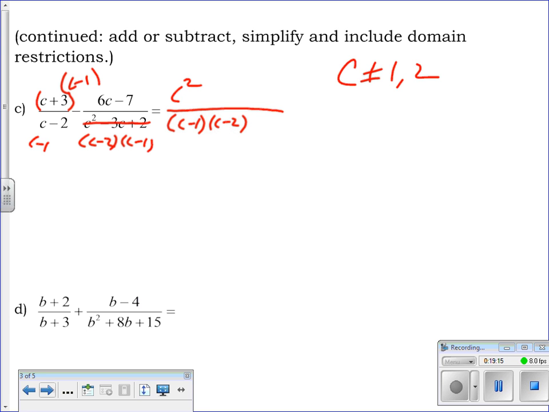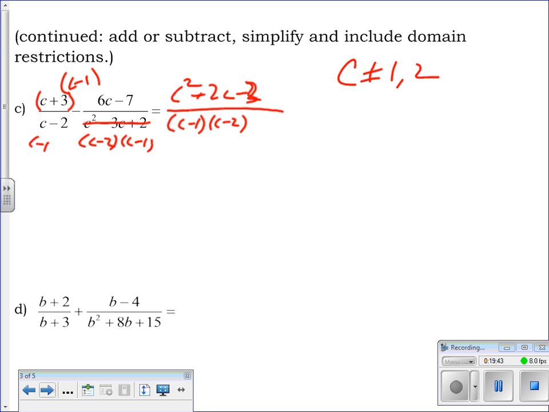And then I have 3C minus 1C, which means I have 2C. And then 3 times minus 1 is minus 3. I have to FOIL that out. I don't like to do it, but I have to do it because I can't combine like terms if they're in factored form. My denominators stay factored.